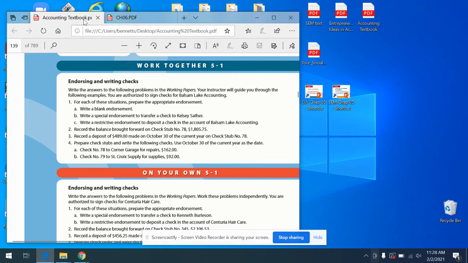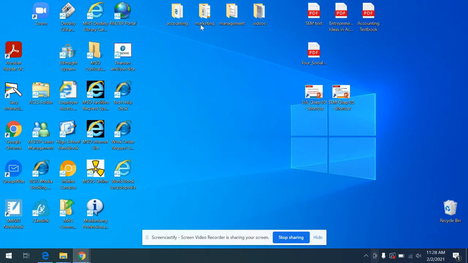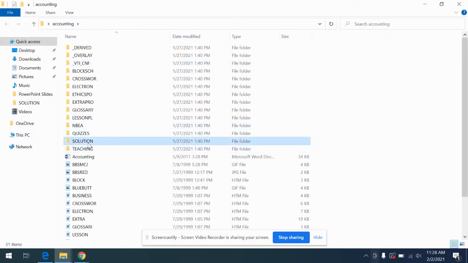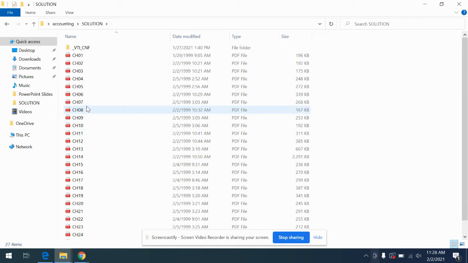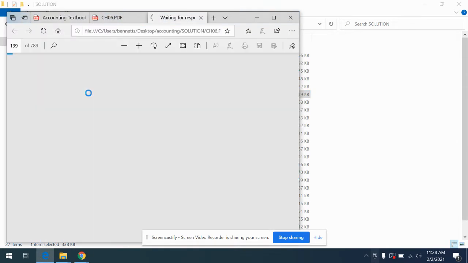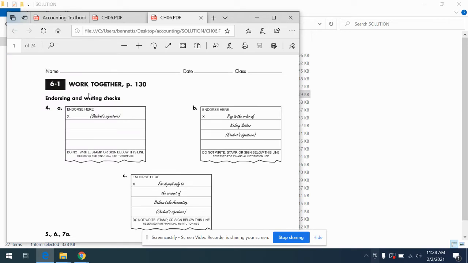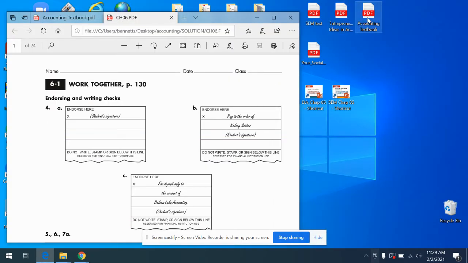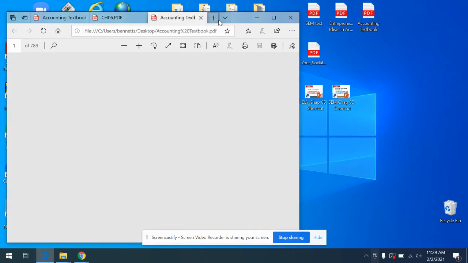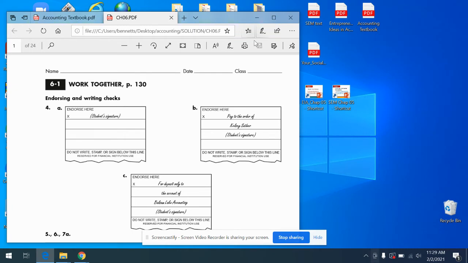So I have to have both of these open at the same time. So I got to do this. This goes down here. And why is this? Why did that open to solution? Why is that doing that? I don't want it like that. This thing's making me upset. I don't want it to come up in the same window. I want a new window.